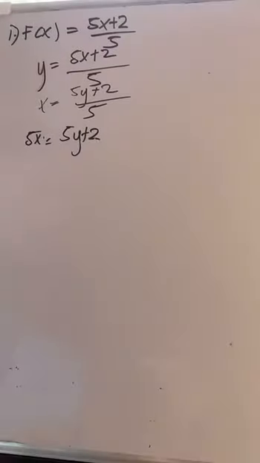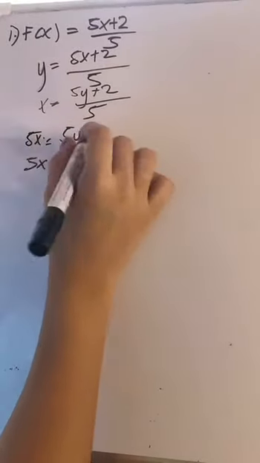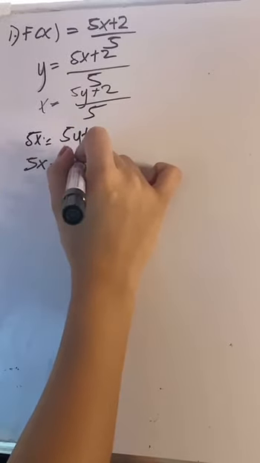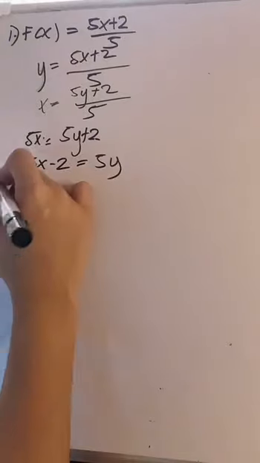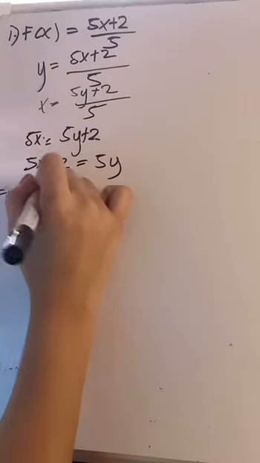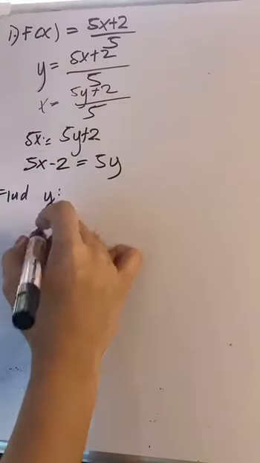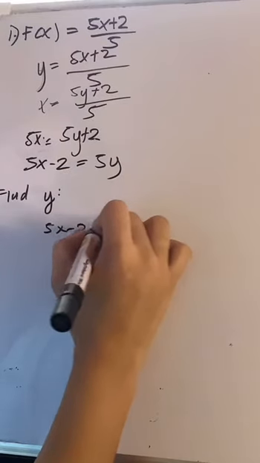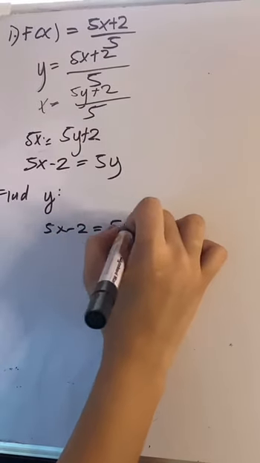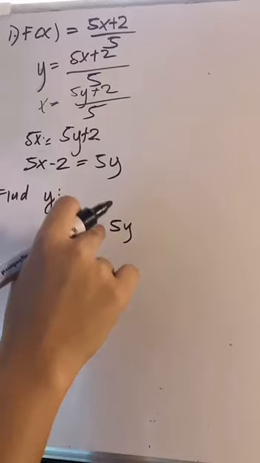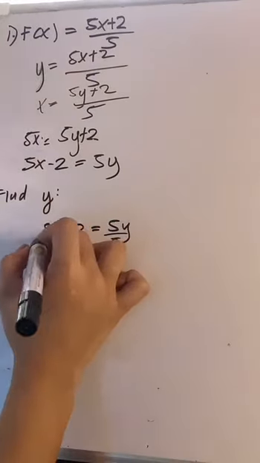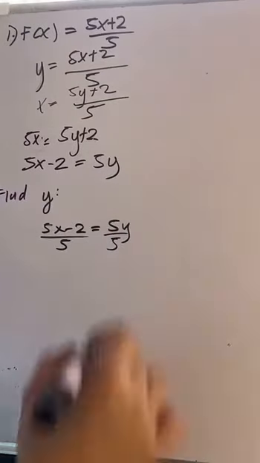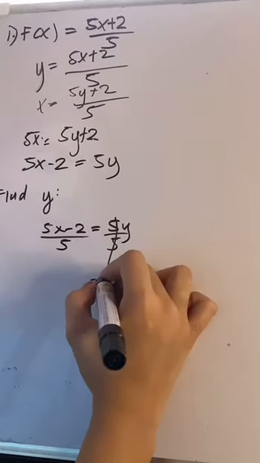So 5x minus 2 equals 5y. Then let's find y. Again, copy: 5x minus 2 equals 5y. We have to cancel out the 5, so we have to divide by 5. Same goes with both sides. So cancel out, equals y.